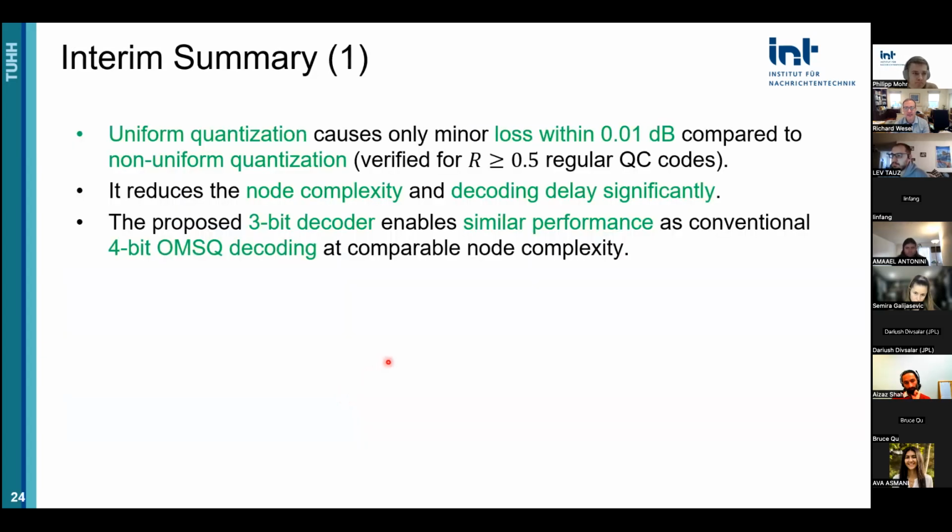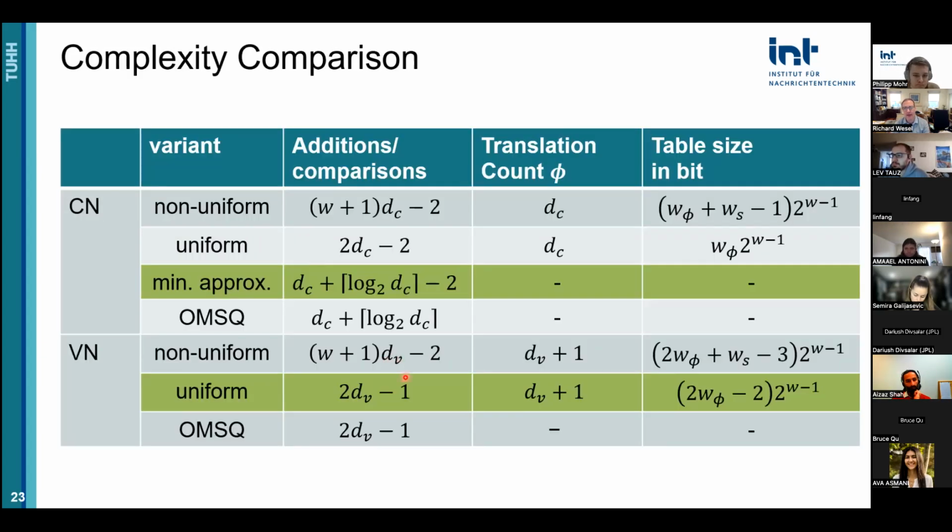Are you saying that it doesn't matter whether you use uniform or non-uniform quantization if you're just going to take the min anyway? No. Yeah, so what do you mean by it matter?